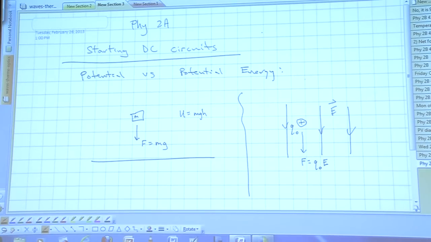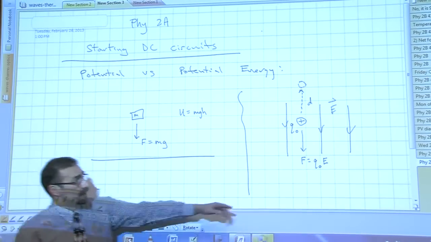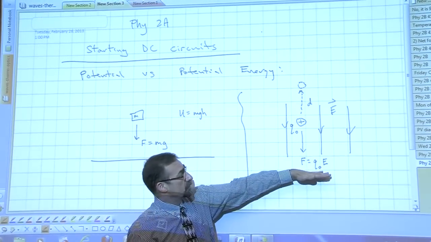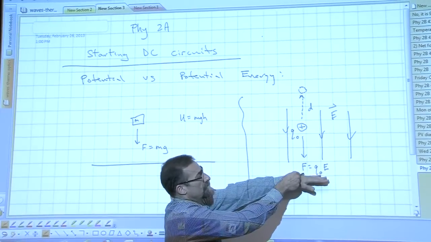And if we move this charge by some distance, d, so it's over here now, it's like lifting a mass up in a gravitational field. It now has a longer distance it can move. If there was some obstacle here, the positive charge could move this far before hitting the obstacle.